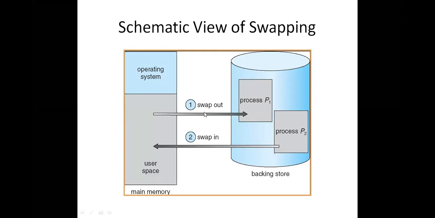So the combination of swap out and swap in is called swapping. Temporarily we move the process from main memory to secondary memory, that is swap out, and we keep another process into the main memory, that is swap in.